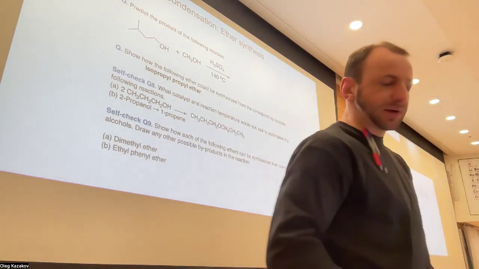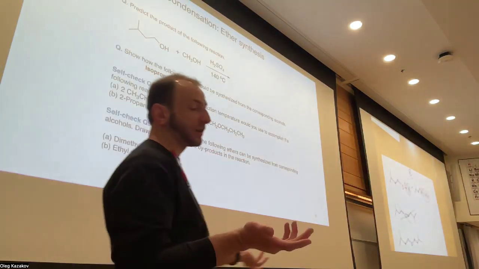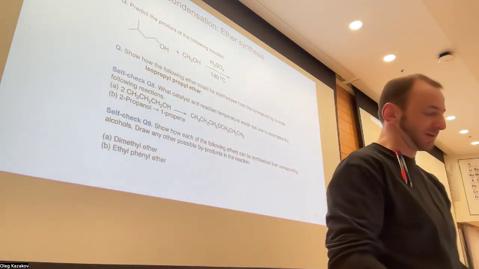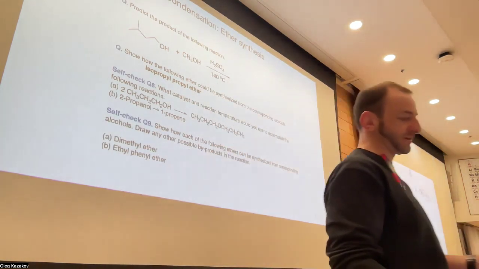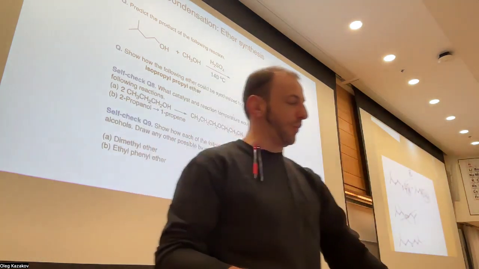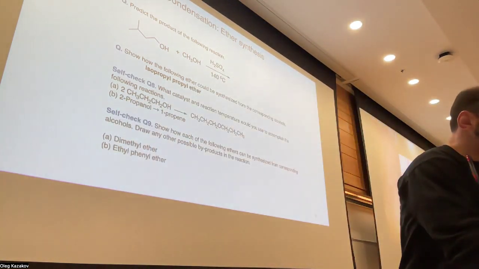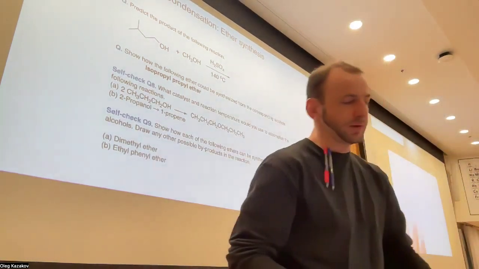Just like here on the slide, we also have two different alcohols, which resemble activity number 2. So now let's see what we are going to produce as a result of two different alcohols reacting with one another. That's not a problem either, because we know what needs to be done.